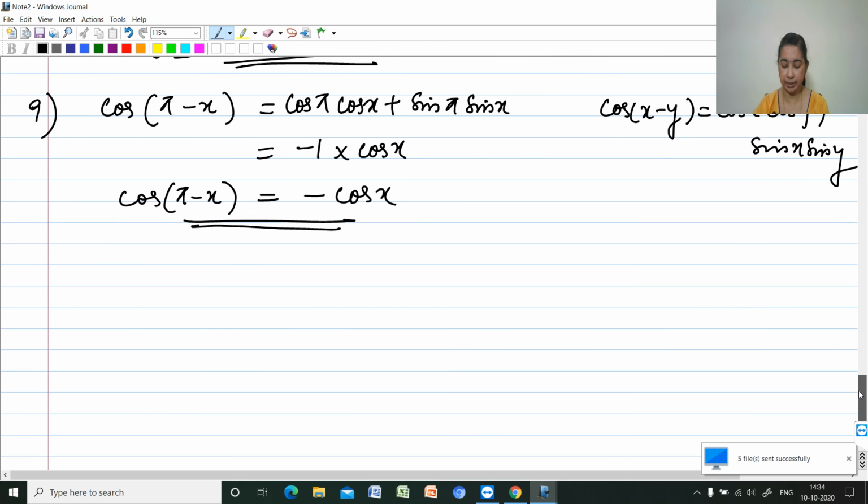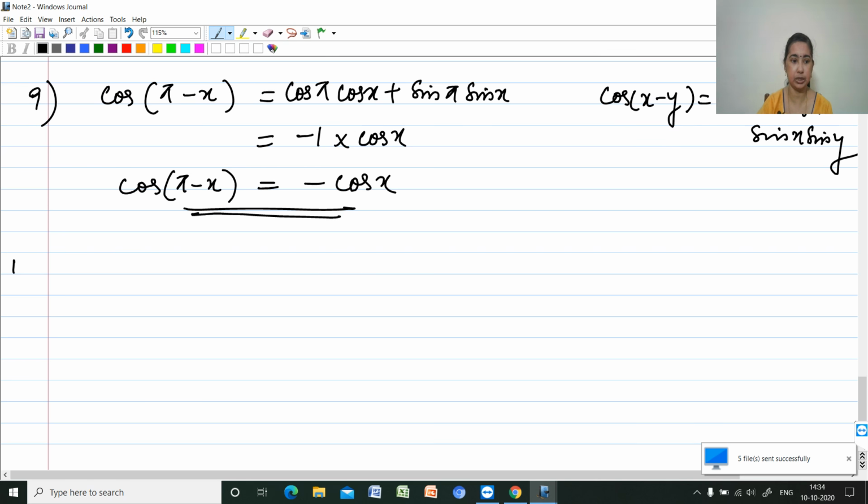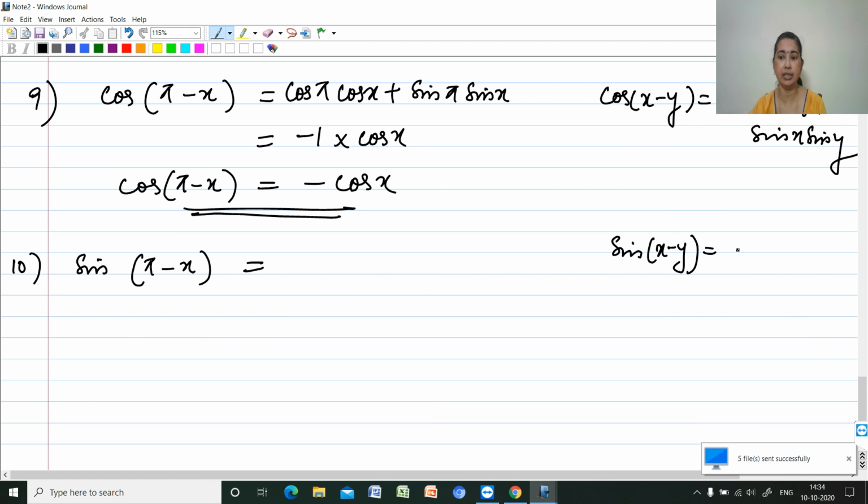Next is, what is sin pi minus x? Sin pi minus x, which identity do we have to apply? Sin of x minus y, which is equal to sin x cos y minus cos x sin y.